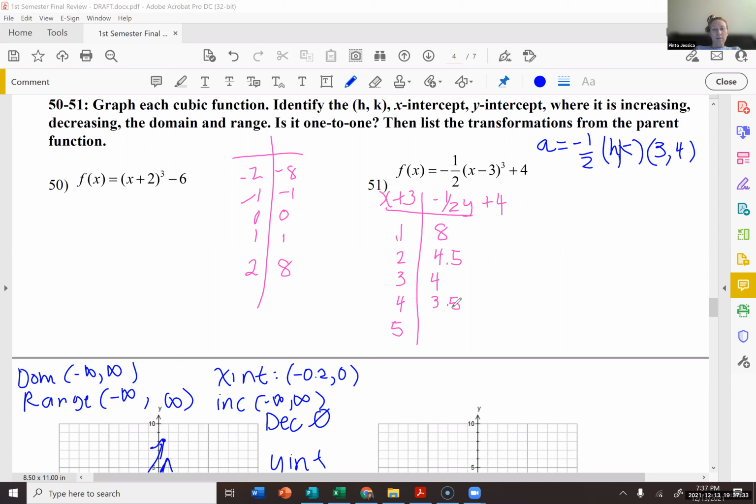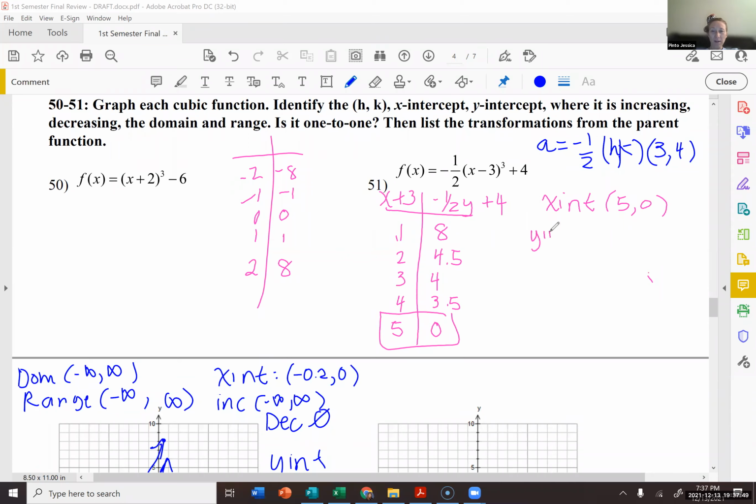And then instead of 8, it will be -4 plus 4 is 0. So I found my x-intercept. Here it is. That's going to be (5, 0).